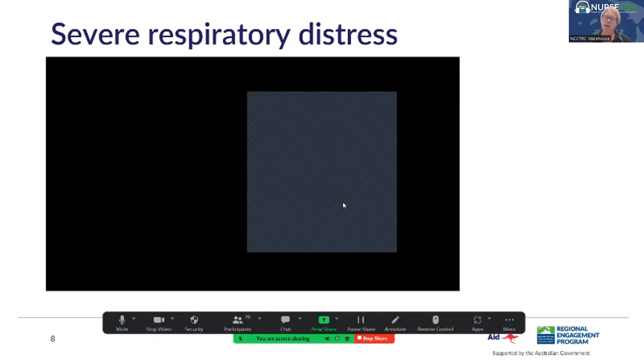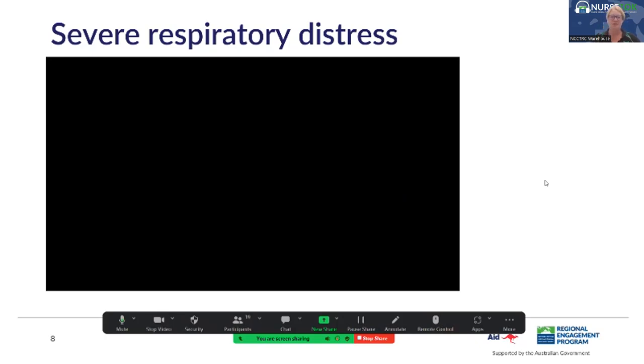So not everywhere will have a high flow machine ready to go, all right? So a non-rebreather mask can really help buy you and your patient time whilst you are setting up the high flow. Excellent.